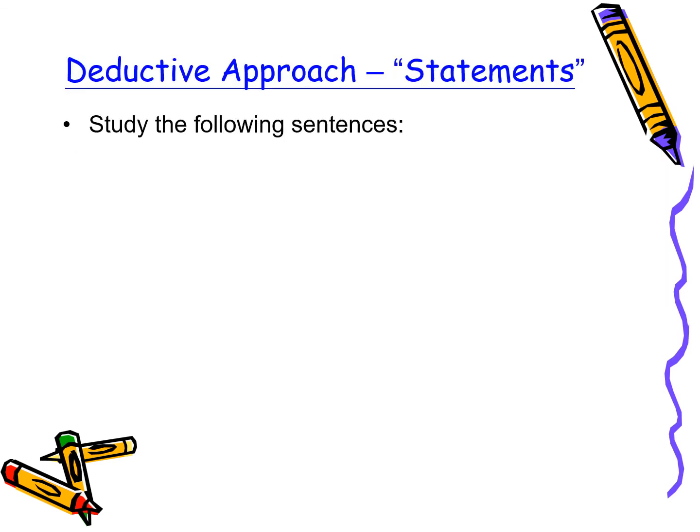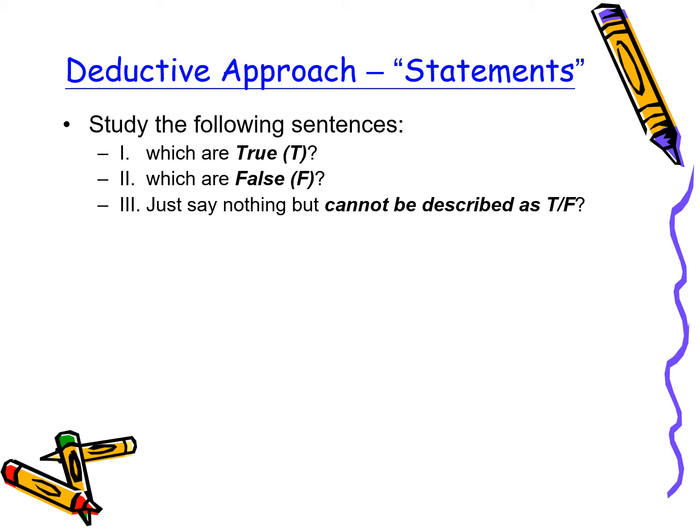Firstly, let's learn what statements are. There are a few sentences here, which are true, which are false, and for some cases, you can say nothing. You cannot describe as true or false. A. Human beings are a kind of animal.